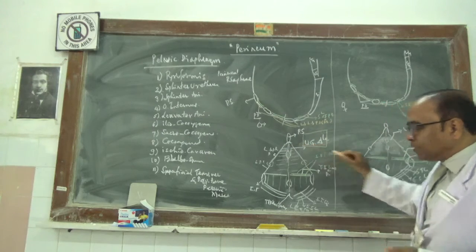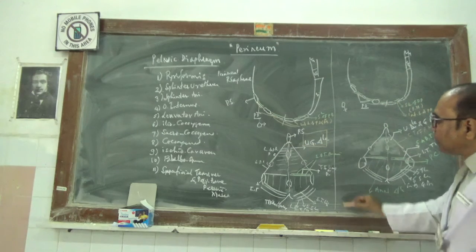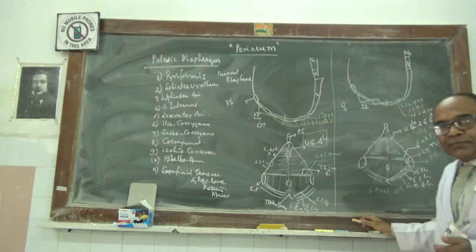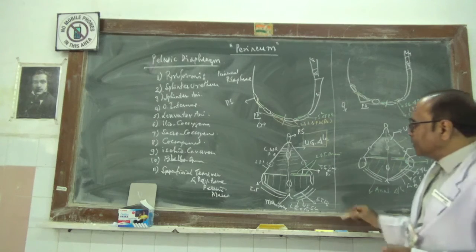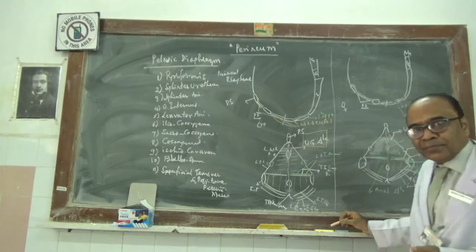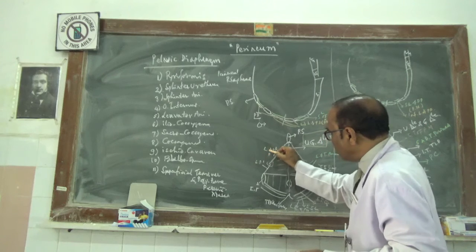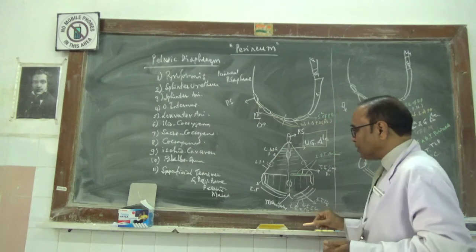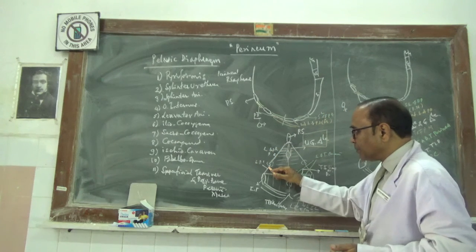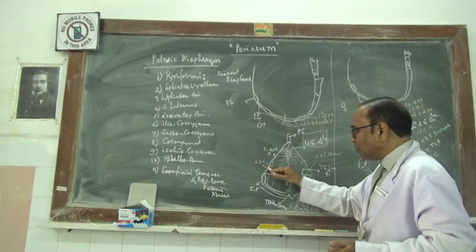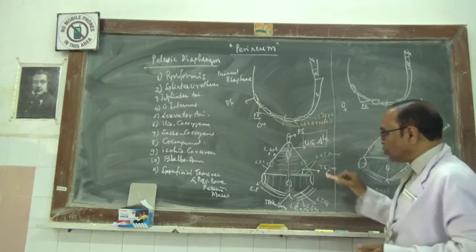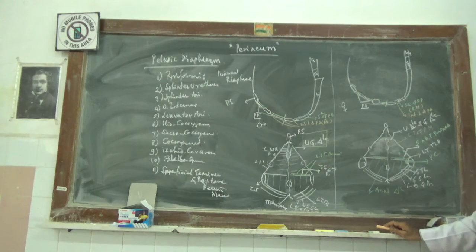Anterolaterally on either side, it is limited by the lower border of the inferior ramus of the pubis and the lower border of the ramus of the ischium and the adjoining point.